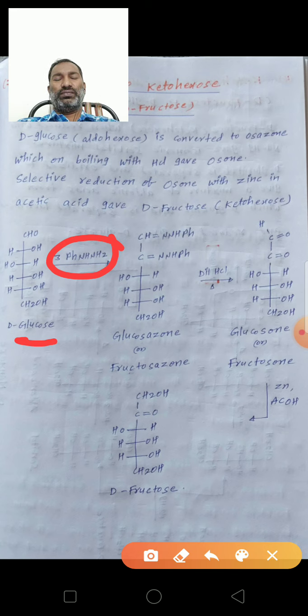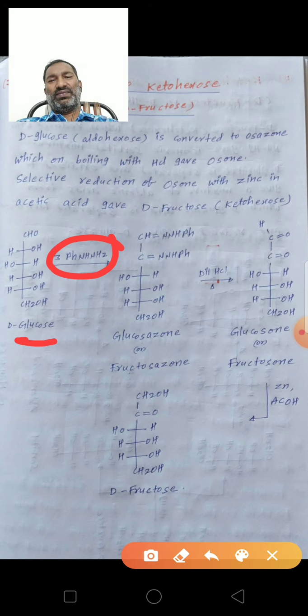This glucosazone, when boiled with HCl or acid hydrolysis, will give glucosone, osone.